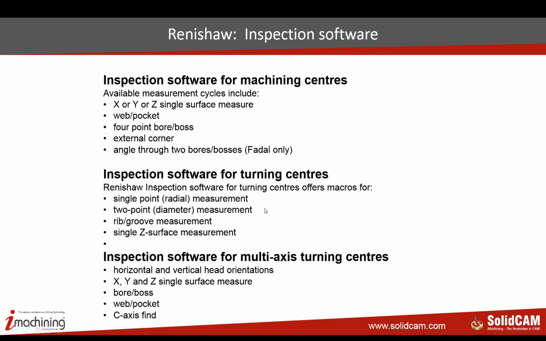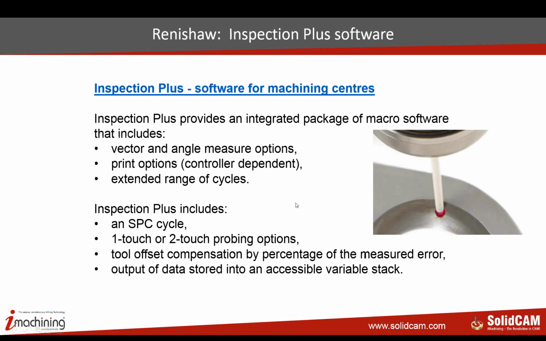We have here an example of the basic package: all the cycles, for all probe devices, that can measure a single point in each axis, in each plane, a 2-point, for example a measurement of a groove, and 4-point: pocket, web, arc.